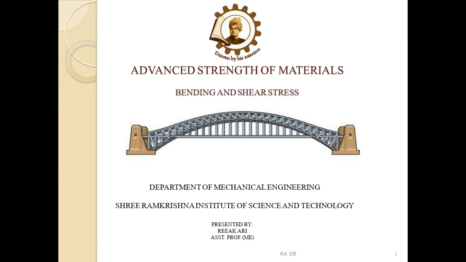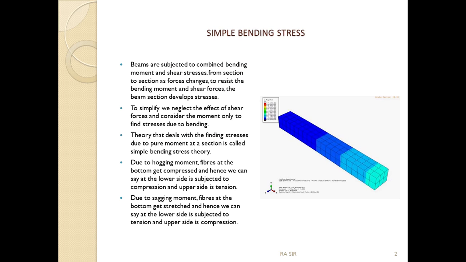Now we all know that bending is usually associated with shear. Structural members like beams are subjected to external forces that give rise to bending stress as well as shear stress within them. For simplicity we neglect the effect of shear and consider moment alone to find the stress due to bending.